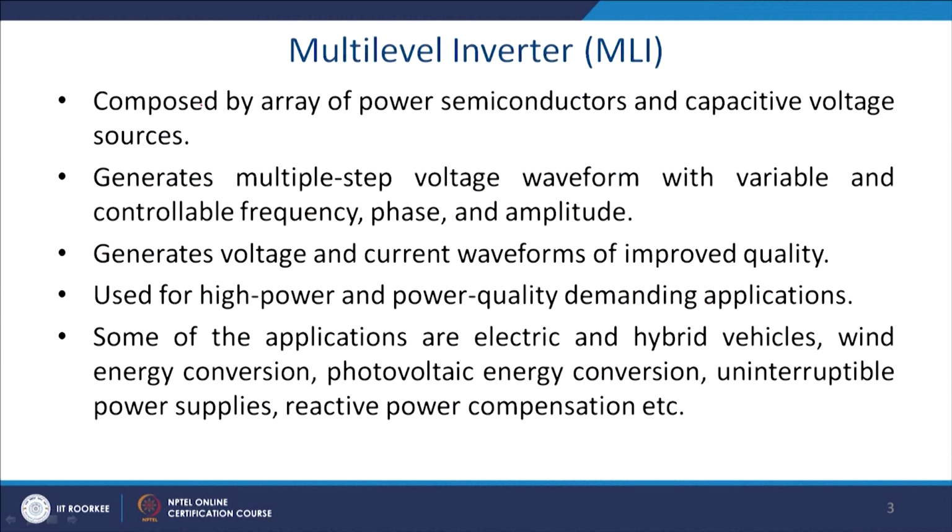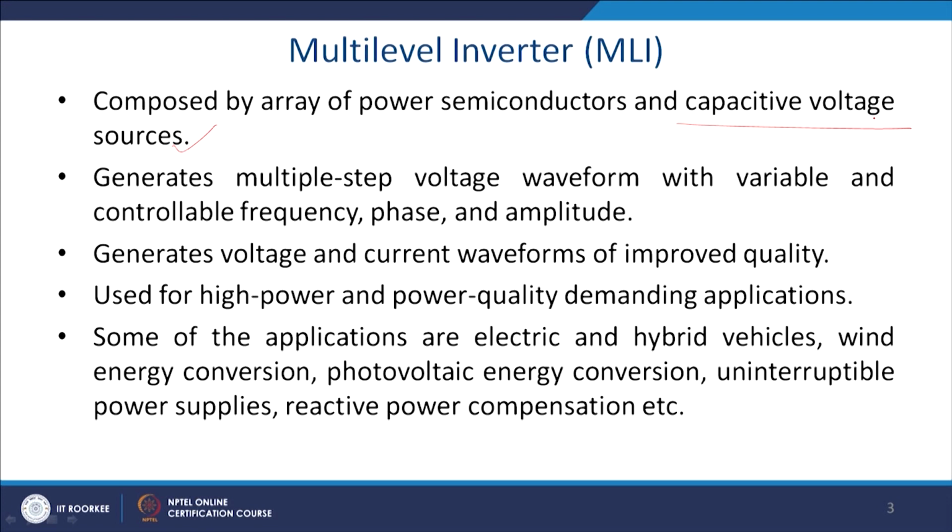A multi-level inverter is essentially composed of an array of power semiconductors and capacitor voltage sources. The array of power semiconductors is generally the diode clamp multi-level inverter, we shall see a little later, and the capacitor voltage sources are the flying capacitor multi-level inverter.